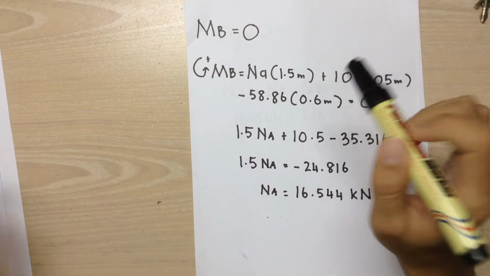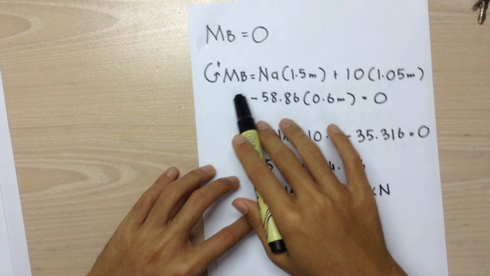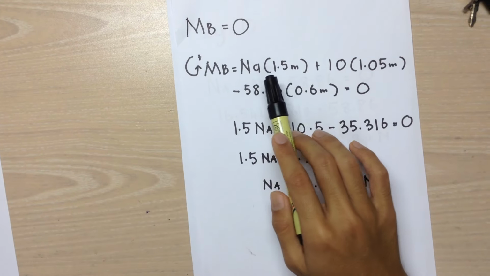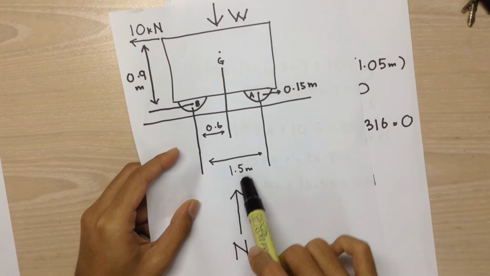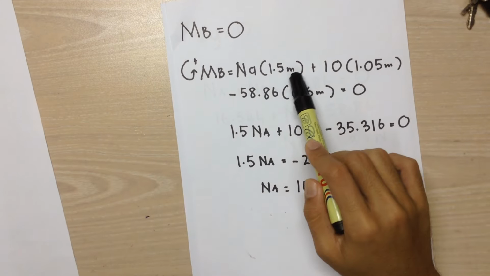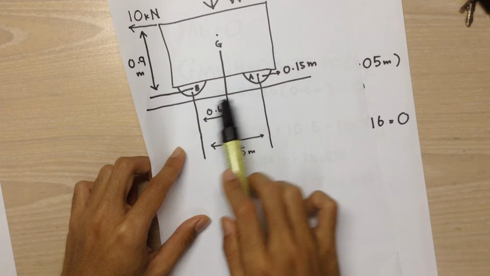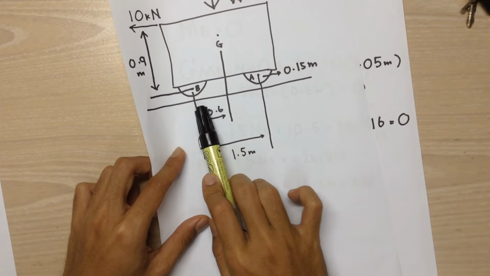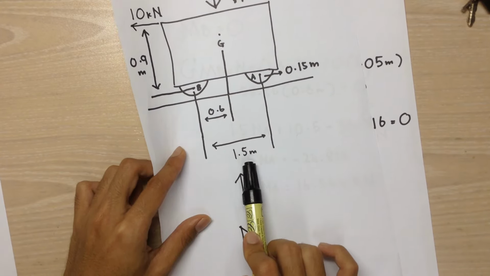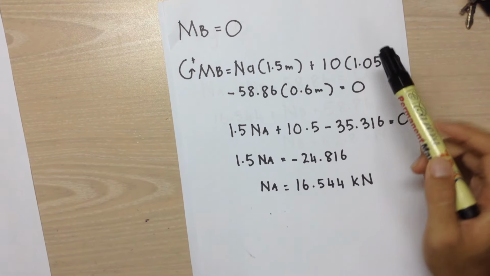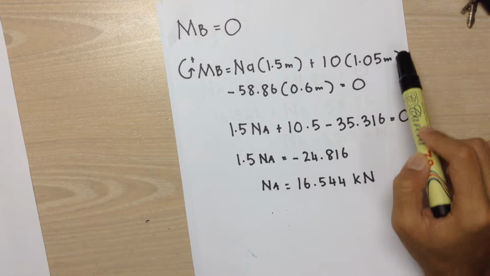That means positive. So we state that NA, which is this normal force at A, times 1.5, which is the distance between the two normal forces at A and B, it gives 1.5 meter, plus 10 times 1.05.